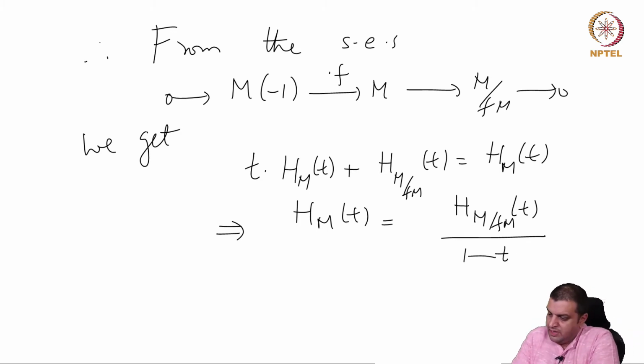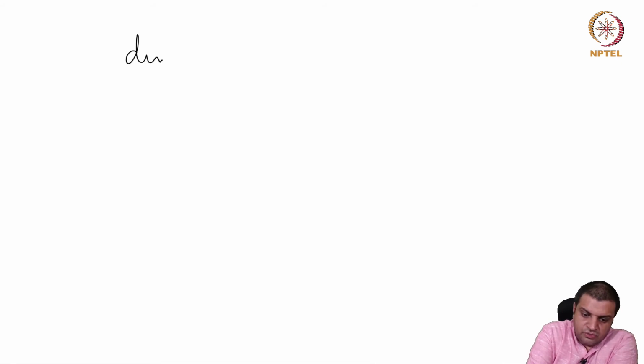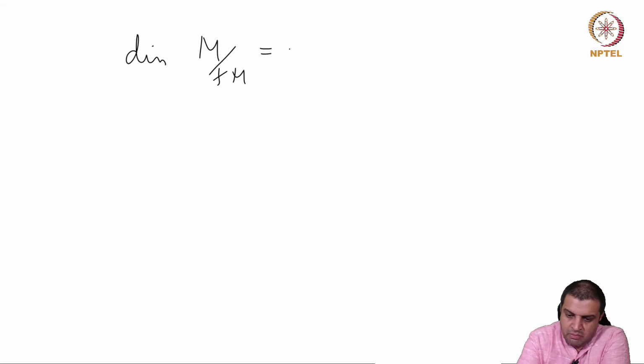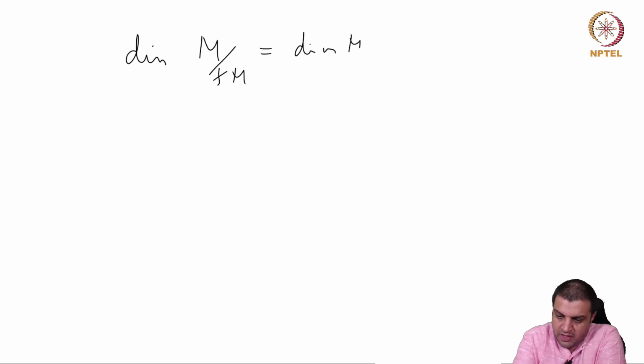Okay, so we get this thing. The dimension of M/fM, which we have checked earlier, is the dimension of M minus 1, which is b minus 1.